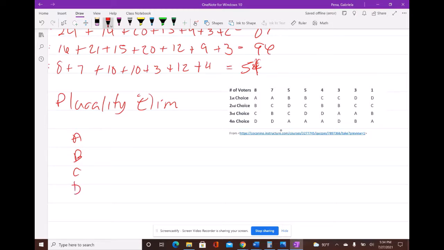So A has 15, B has 10, C has 7, and D has 4. Whoever has the least, which is D, you eliminate it all through. And then you basically rewrite this. 8, 7, 5, 5, 4, 3, 3, 1.